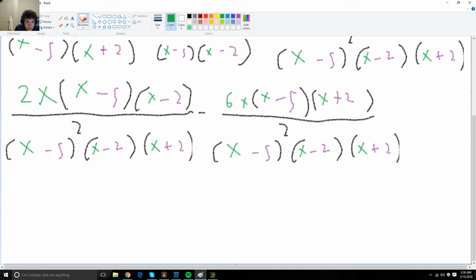We're going to get 2x squared. I'm not changing colors anymore. Minus 10x. But that's not done. So we actually get 3x squared. Or no, that's wrong. 2x squared times x is 2x cubed, minus.